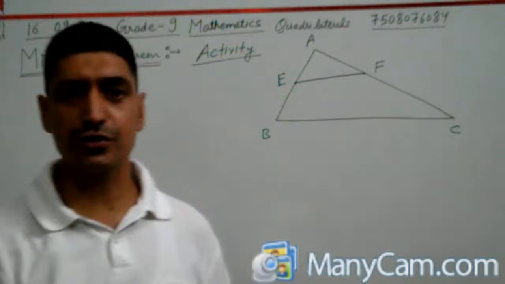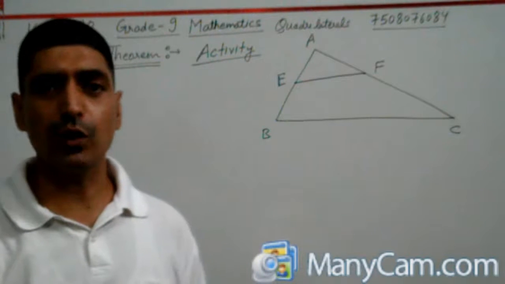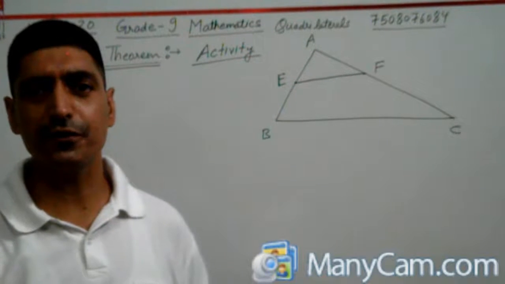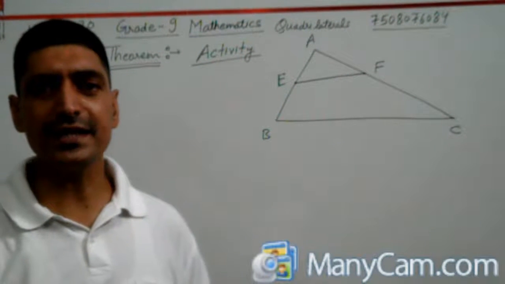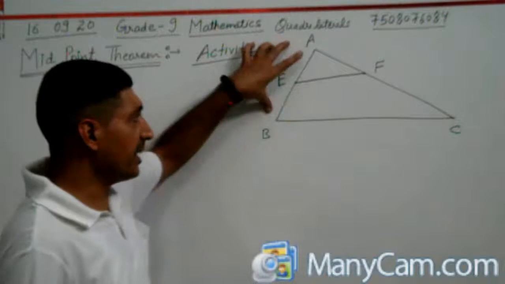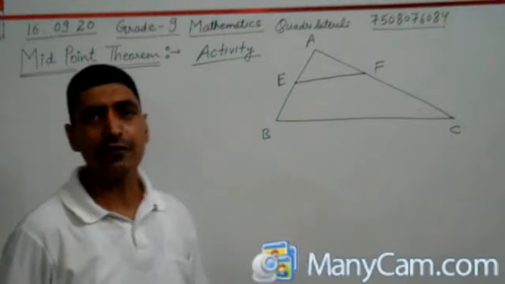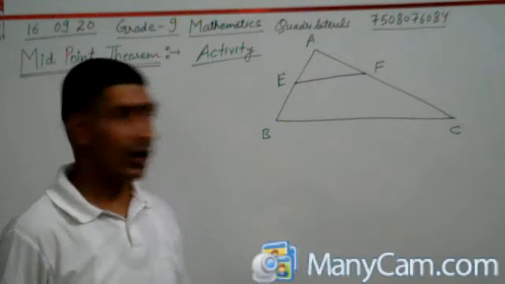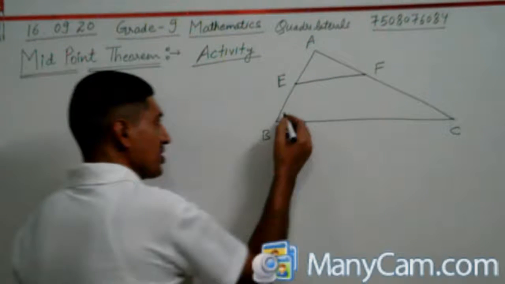We have chosen one triangle, and for two sides we have taken the midpoints. One side is AB and one side is AC. E is the midpoint of AB and F is the midpoint of AC. Join E with F.